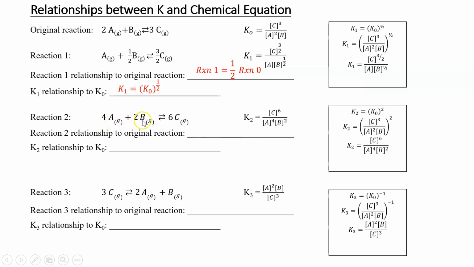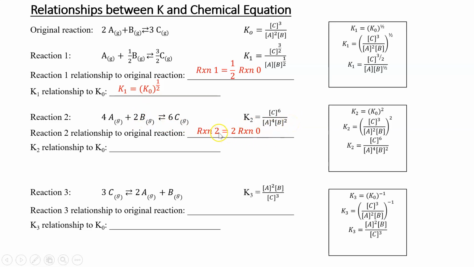Let's look at reaction 2: 4A plus 2B yields 6C. This is the exact same thing as reaction 0, except doubled. Reaction 2 is 2 times reaction 0. Look at our equilibrium expression for reaction 2. K2 is C to the 6th power over A to the 4th power and B squared.